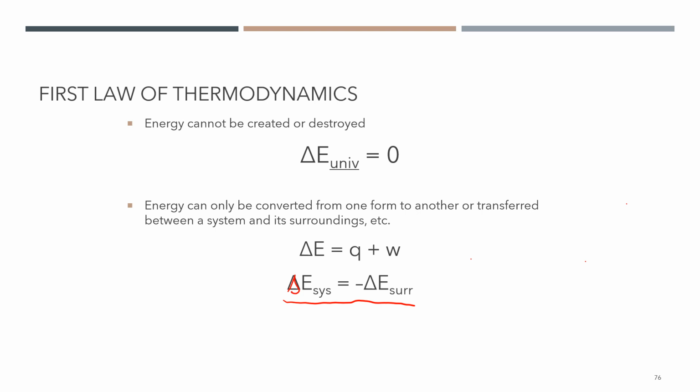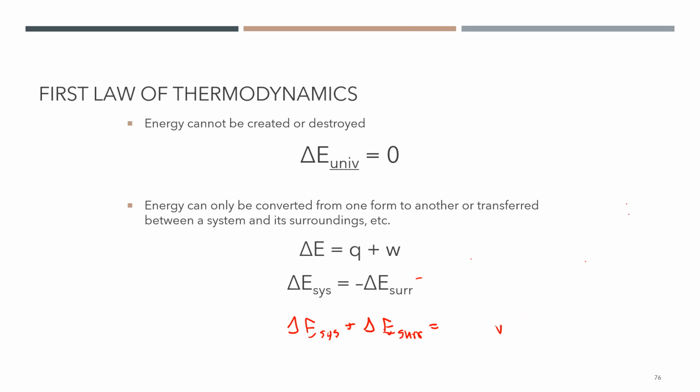The change in energy of your system is going to equal the negative of the change in energy of your surroundings. And because the change for the universe is going to equal 0, if I add delta E of the system plus delta E of the surroundings, that equals the delta E of the universe, which equals 0.